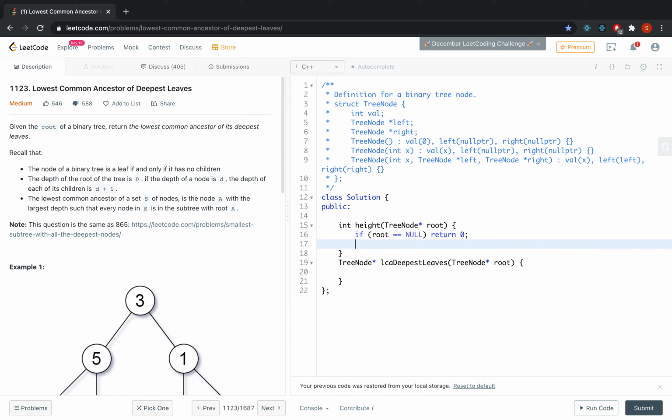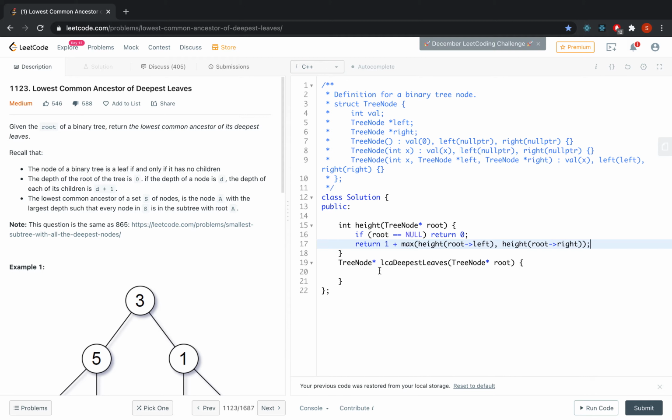And otherwise return 1 plus the max between the height of the left child and the height of the right child.